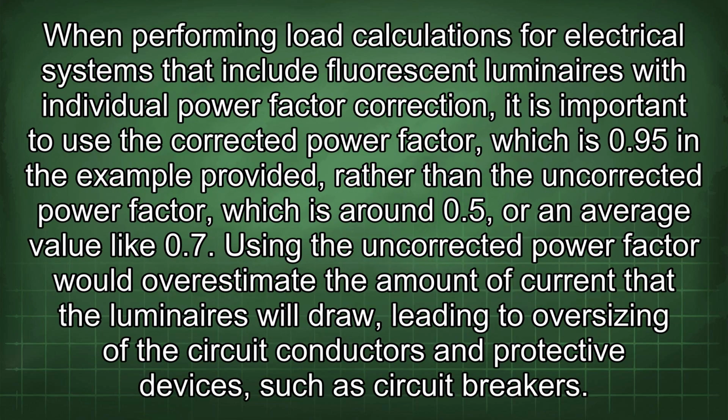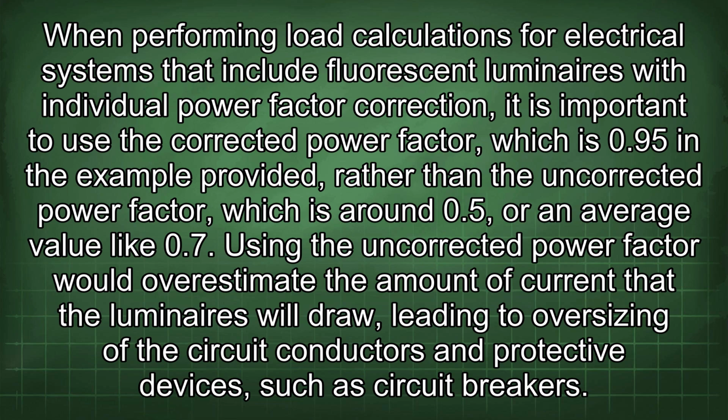When performing load calculations for electrical systems that include fluorescent luminaires with individual power factor correction, it is important to use the corrected power factor, which is 0.95 in the example provided, rather than the uncorrected power factor, which is around 0.5, or an average value like 0.7.